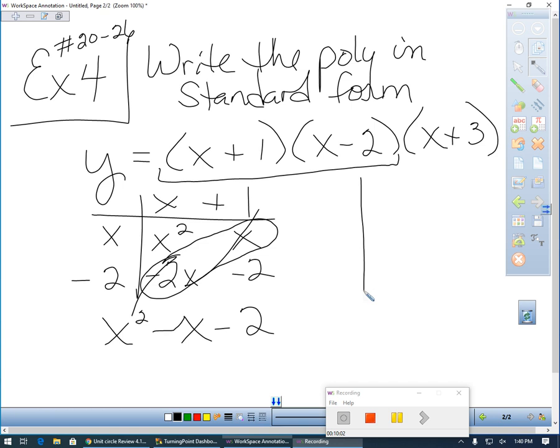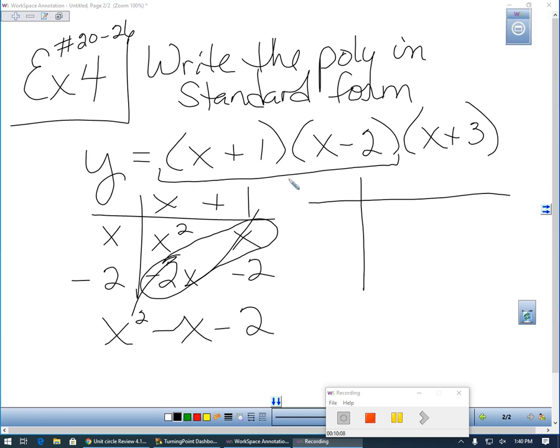Now, when you go to multiply your result by the next one, I like to put my trinomial across the top, okay? So I'm going to put my x squared minus x minus 2 across the top. Down the side is my x plus 3. X times x squared is x to the third. X times negative x is negative x squared.